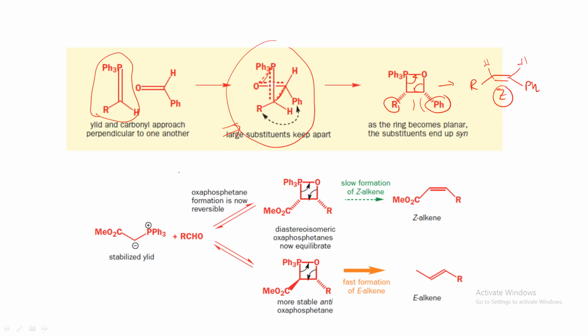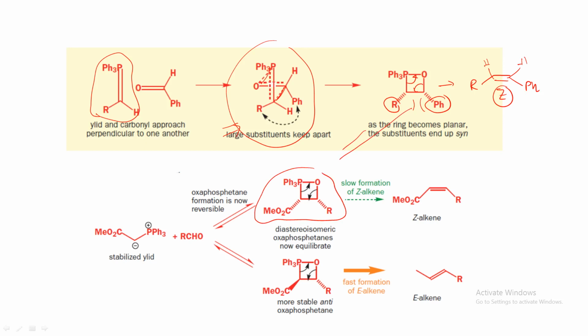And for the stabilized ylide case, what happens? You can consider the same kind of approach, trying to keep the two bulky groups apart, and it can form this type of four-membered ring. It is similar, but here is the catch.